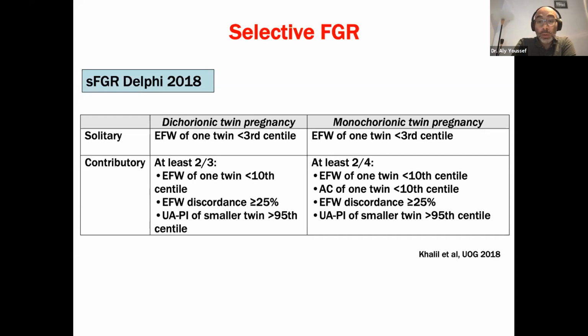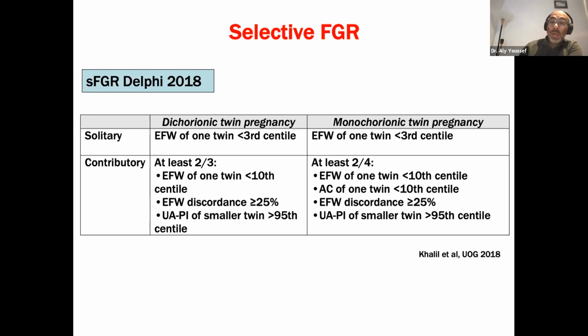Whereas in a monochorionic twin pregnancy, if you have only an estimated fetal weight less than the 3rd percentile, this is diagnostic, or if you have any 2 of the 4 characteristics: an estimated fetal weight of one twin less than 10th percentile, an abdominal circumference of one of the twins less than the 10th percentile, an estimated fetal weight discordance more than 25%, and an abnormal umbilical artery Doppler.